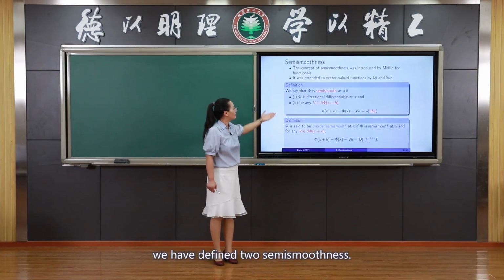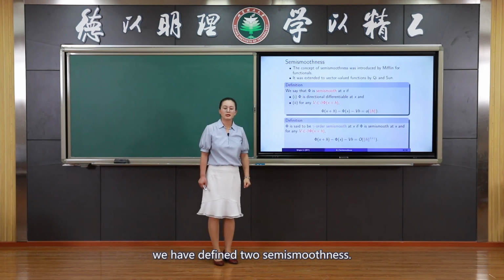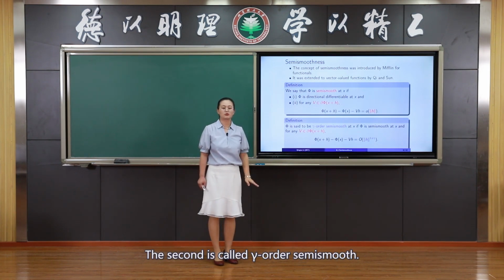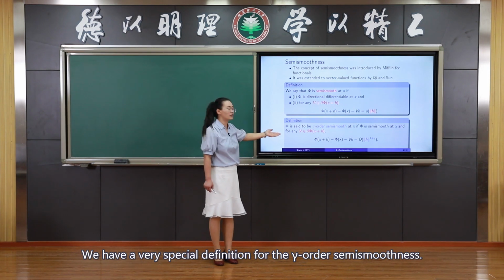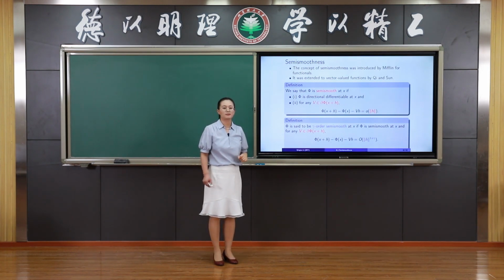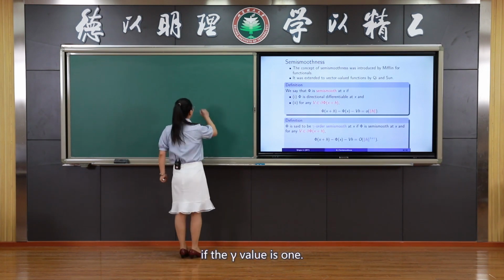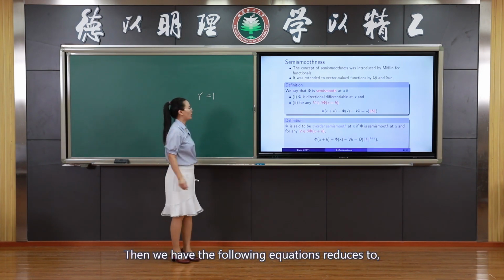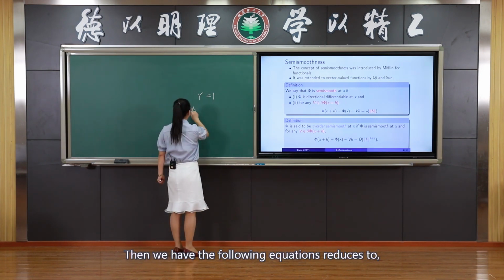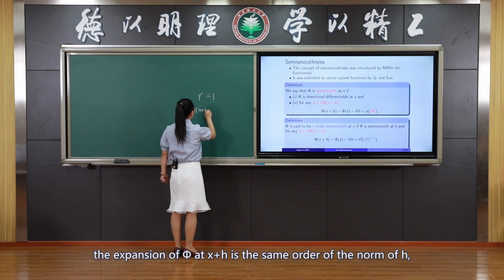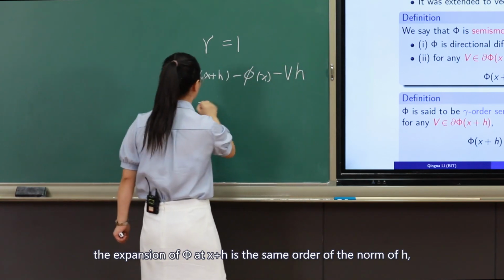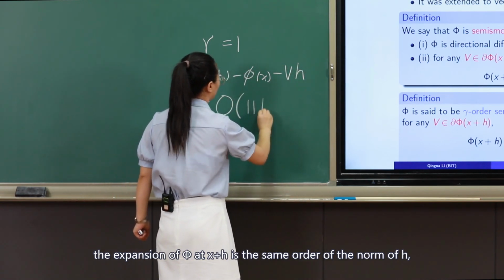Up to here, we have defined two kinds of semi-smoothness. One is general semi-smooth, and the second is gamma-order semi-smooth. We have a very special case for gamma-order semi-smoothness: if gamma is 1, then the equation reduces to the expansion of phi at x plus h being of the same order as the squared norm of h.